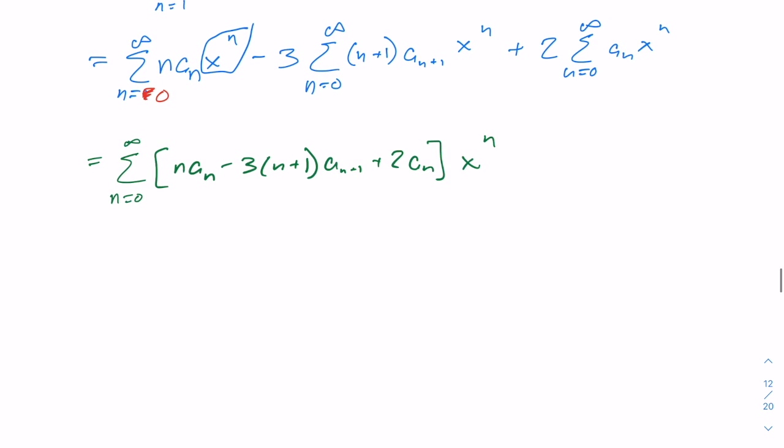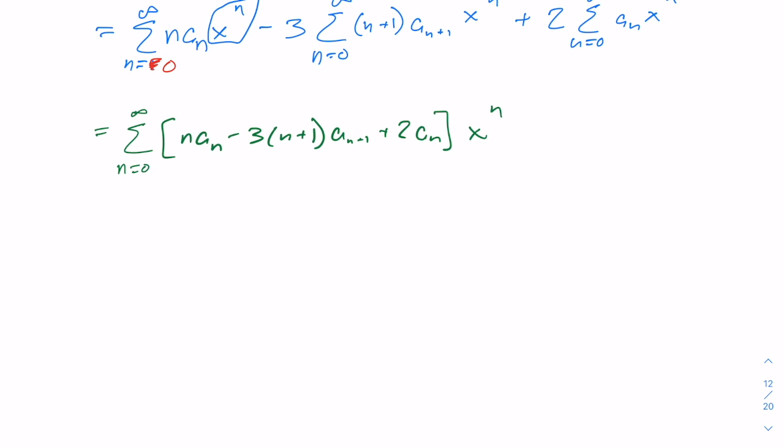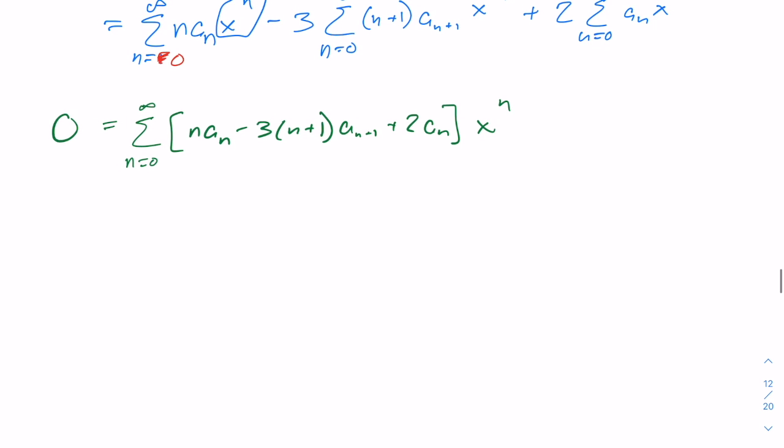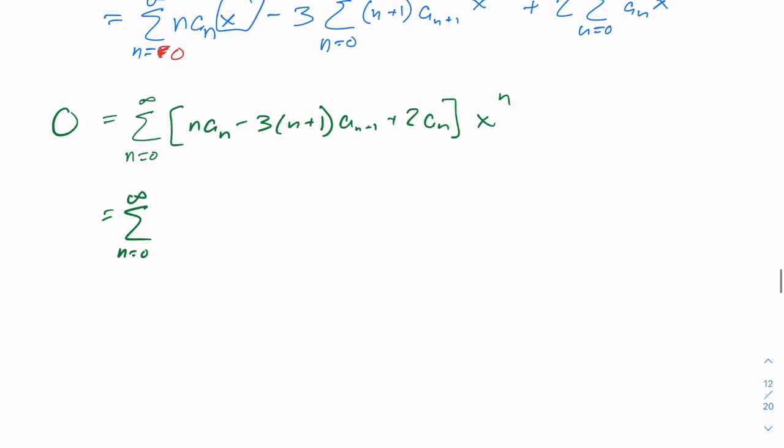And I think we can simplify that a little bit here. Well, let's see. I have n a_n minus 3n a_(n plus 1) minus 3a_(n plus 1) plus 2a_n.